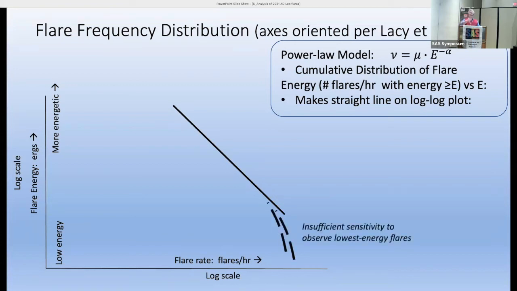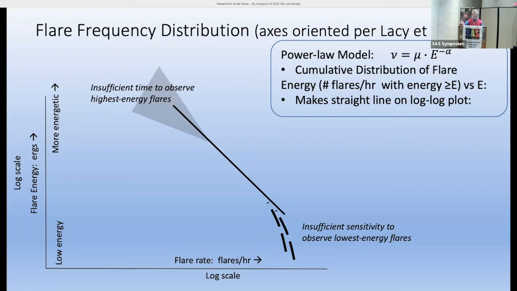So we expect the curve to turn down at that end. At the high energy end, even with a two-month-long project, we may not have observed long enough to see the really, really big flares. So we expect there may be some raggedness of the data at the high flare end. That's what you expect to see.